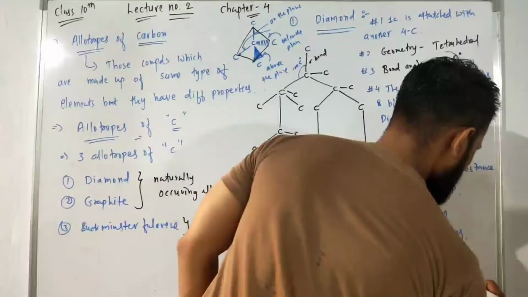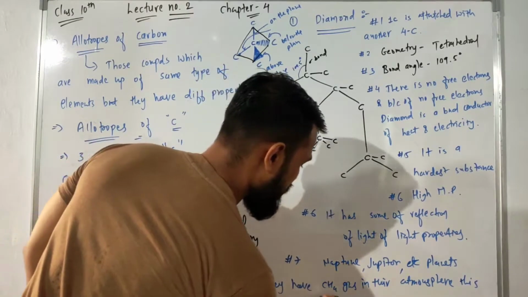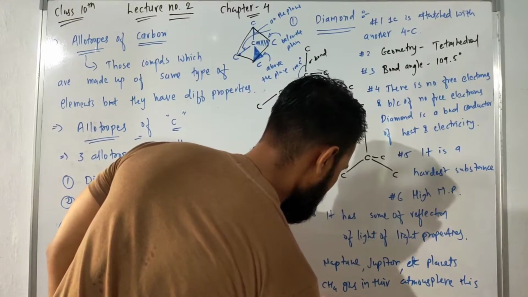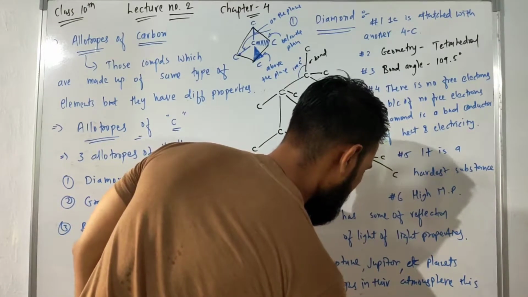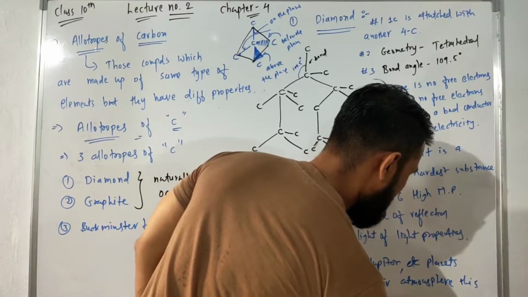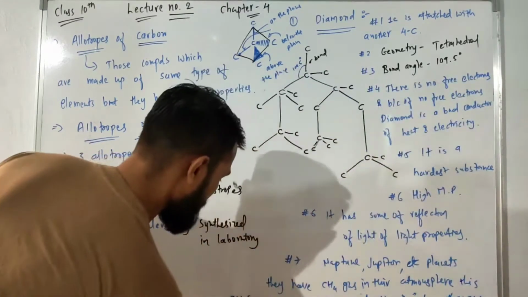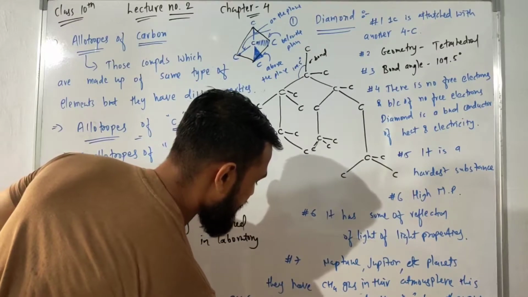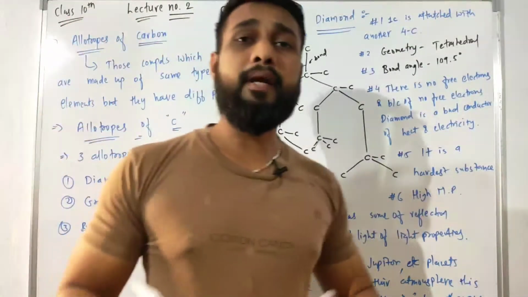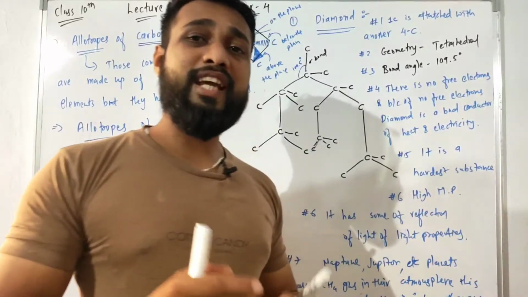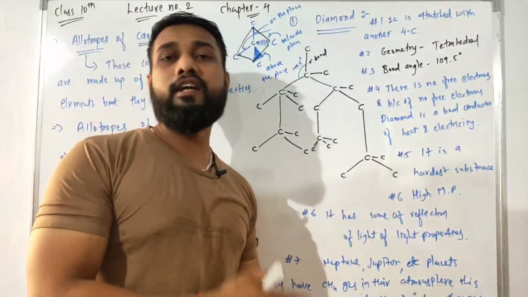This methane gas, CH4, separates out the carbon from the gas, and we can say that diamond rain happens on those planets, Neptune, Jupiter and Saturn.